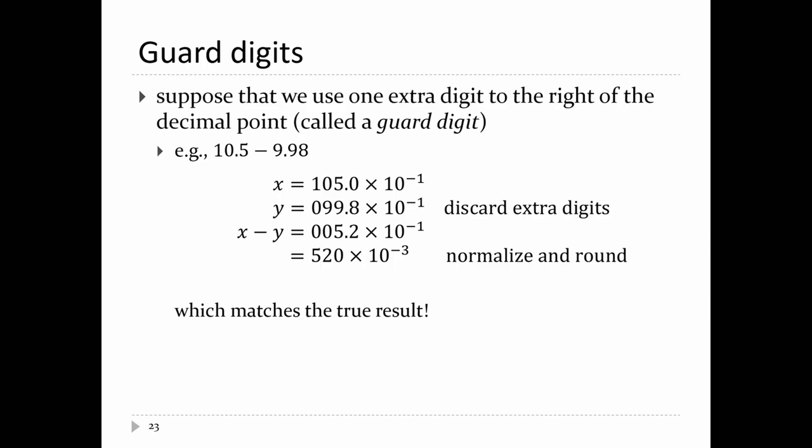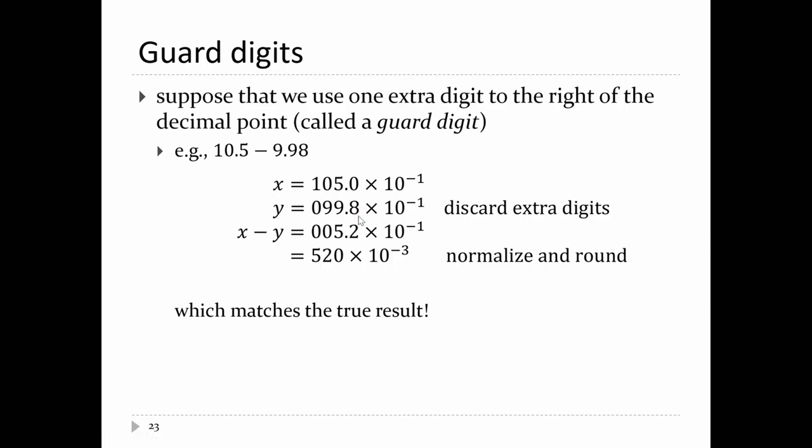So what do we do? In modern hardware, what ends up happening is when you are computing the intermediate values here, you are allowed to keep a small number of extra digits. I think Intel CPUs keep 16 extra digits or something like that. I think they do the arithmetic with 80 bits instead of 64 for double.